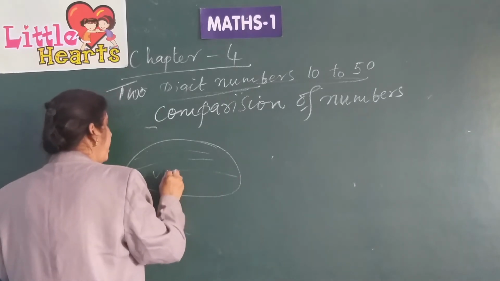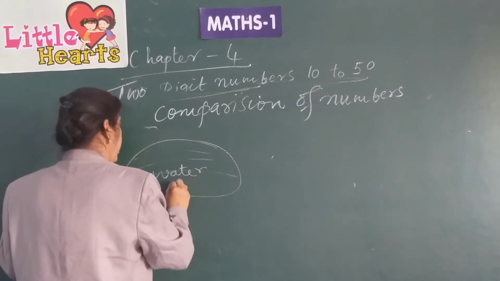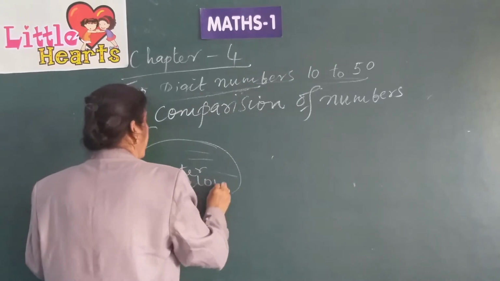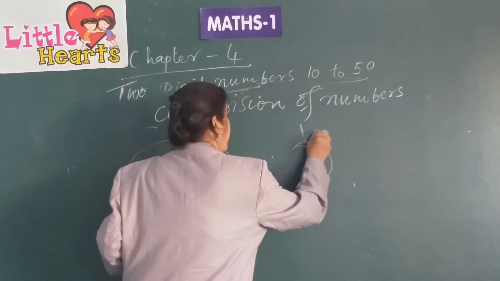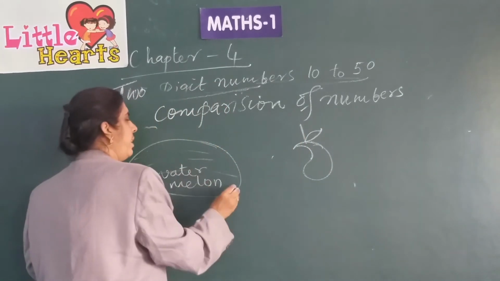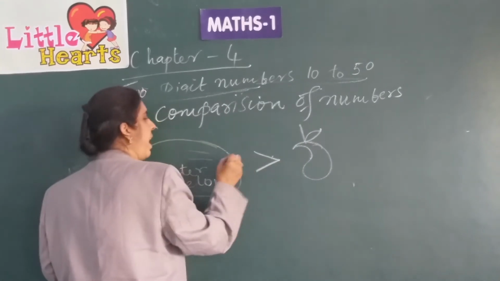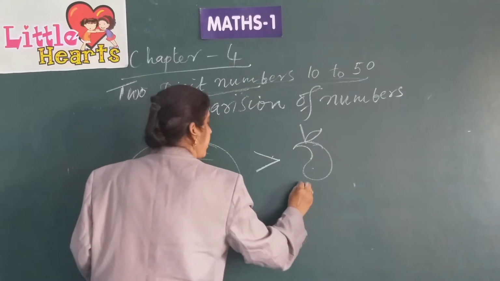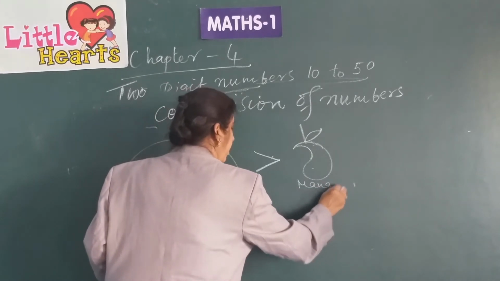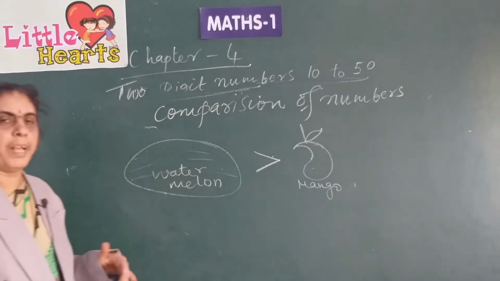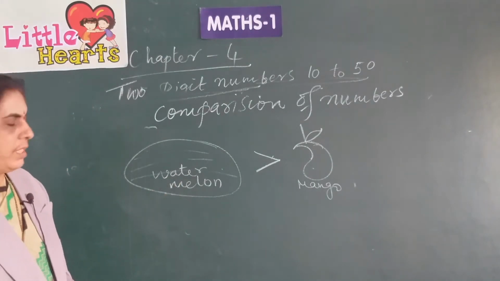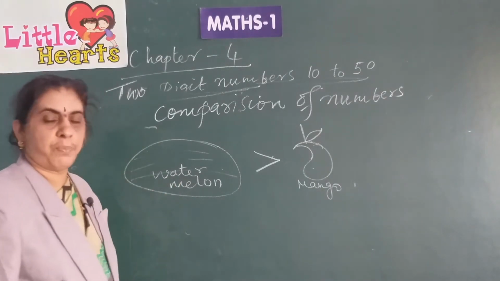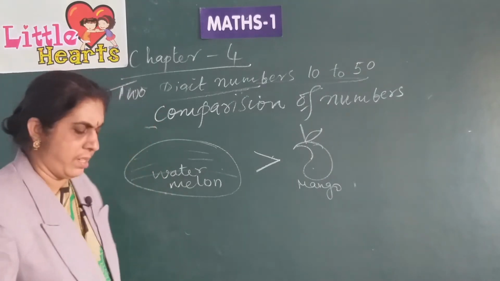This is a watermelon. This is a mango. This is bigger than this. As we compare objects, we compare numbers also. We shall see which number is big, which number is small.